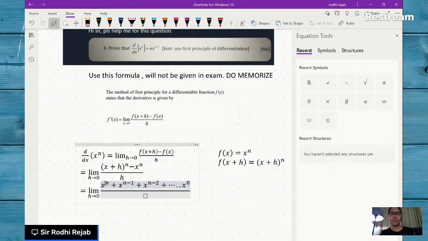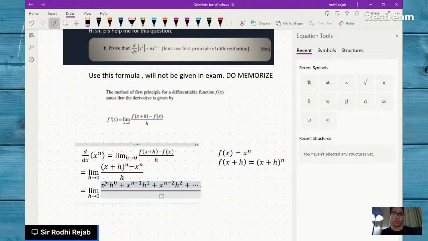You need to have the knowledge of binomial. If you expand the h^n, you cannot use the power rule because you need to follow what the question wants. This is where you need the knowledge of binomial. So if I were to expand the other one, I'm going to have something like this, power of 0, 1, power 2.